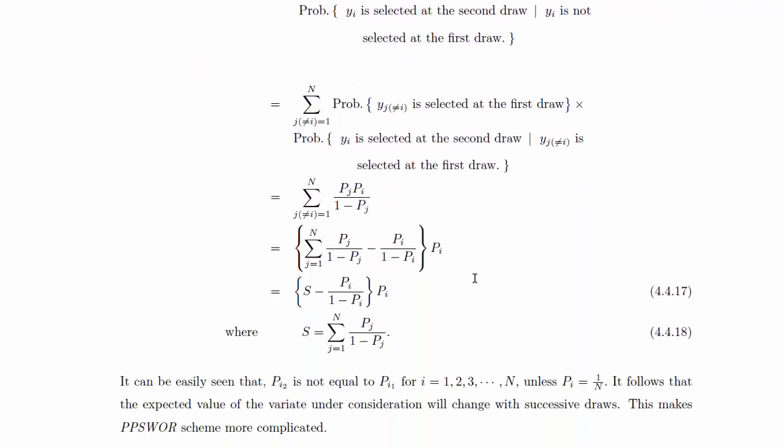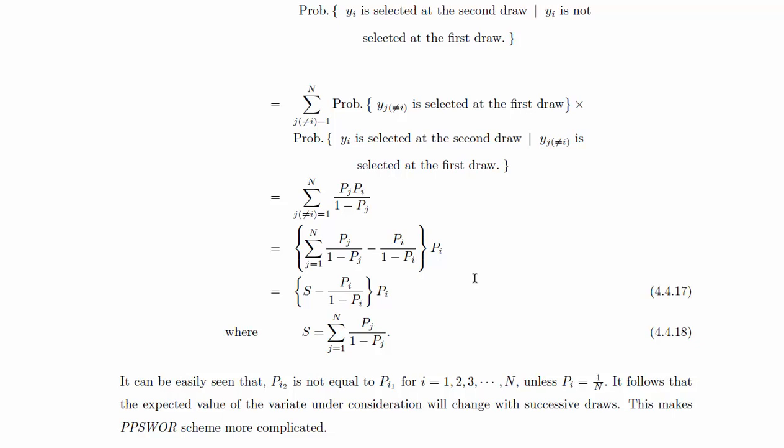That means we are not getting the ith unit in the first draw, but we are getting the ith unit in the second draw. So we are selecting some other unit in the first draw, that is the jth unit, j not equal to i, and the probability that yi is selected in the second draw, given some other unit yj, j not equal to i, is selected in the first draw.